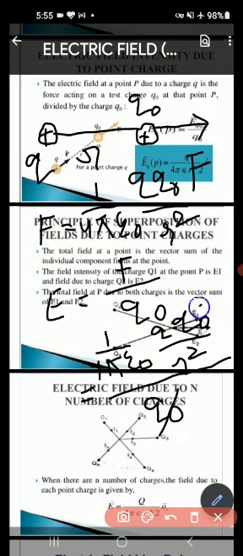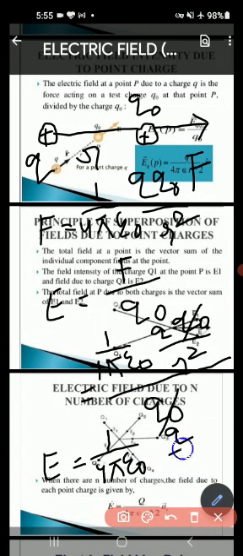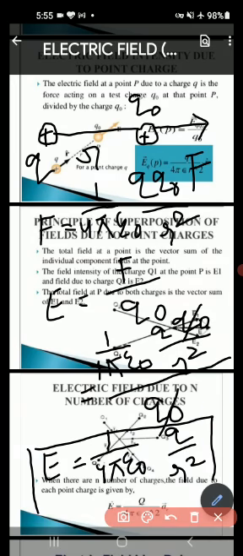Now Q naught is cancelled out, and the magnitude of electric field intensity E is given by 1 by 4 pi epsilon naught, Q by r square. That is the expression for electric field due to a point charge, and this formula is used for solving several numerical problems.